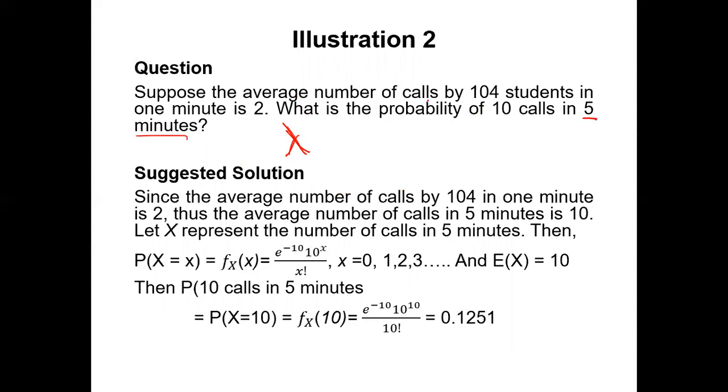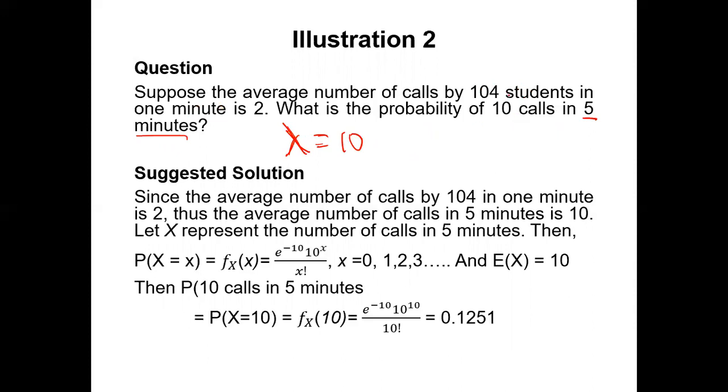Since the average number of calls in 1 minute is 2, it means that the average number of calls in 5 minutes will be 10, because if 1 minute is to 2, 5 minutes is to 10. So what's the probability of 10 calls in 5 minutes?